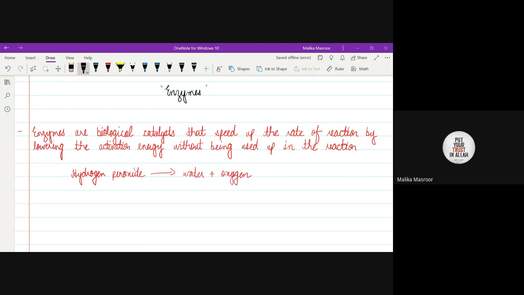Enzyme is catalase. Okay, H2O2 goes down into water and oxygen. Just balance it.